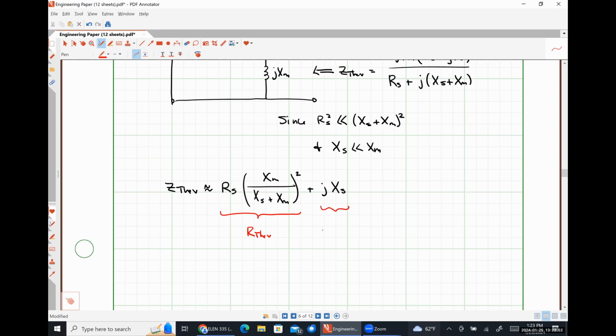And this part right here is our Thevenin reactance.